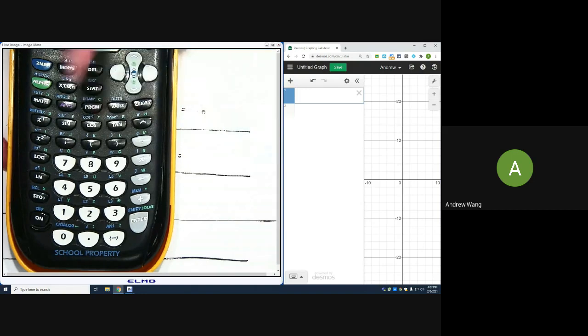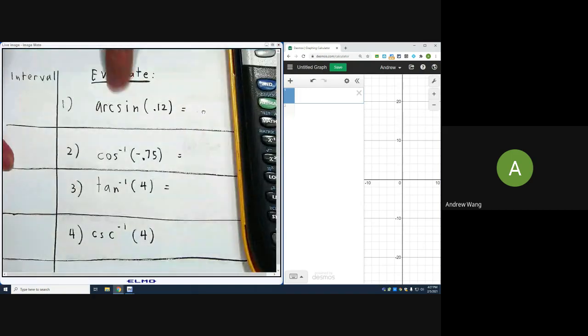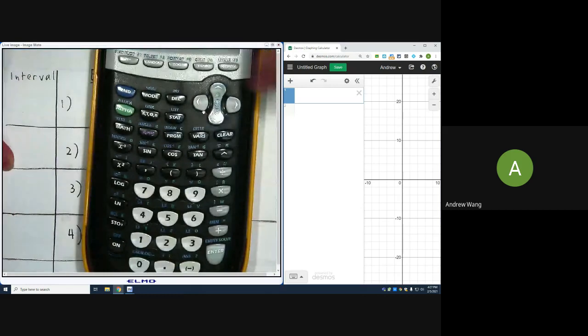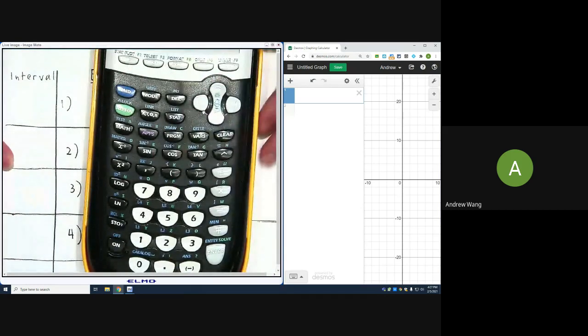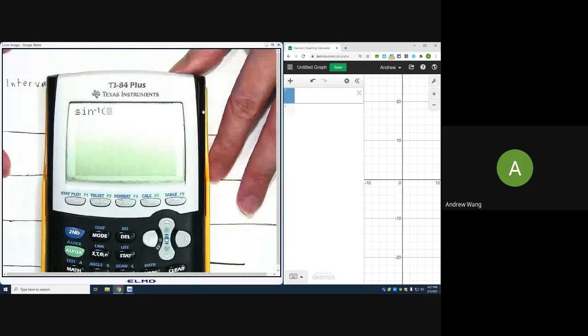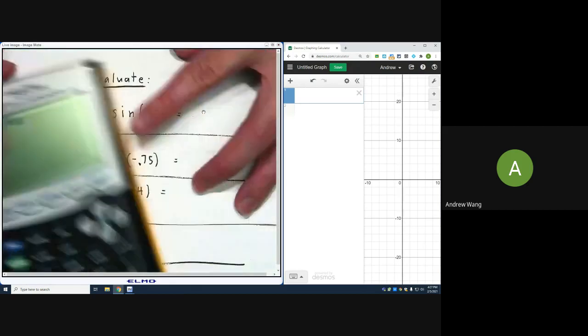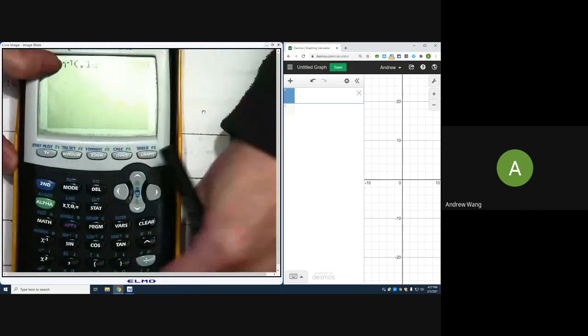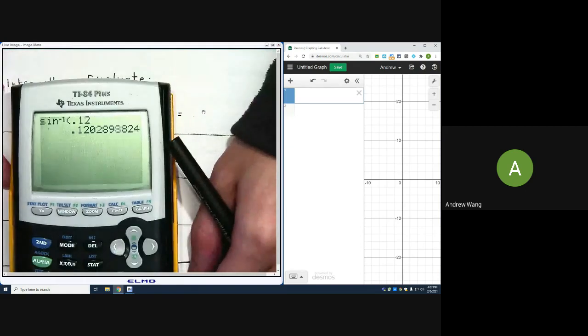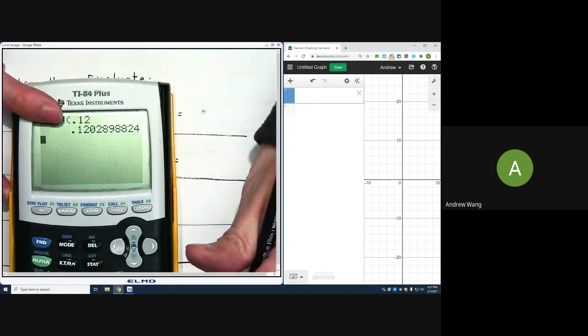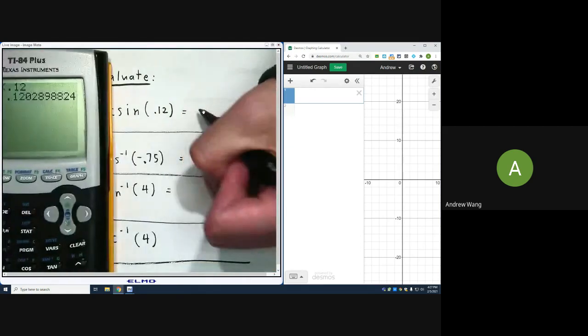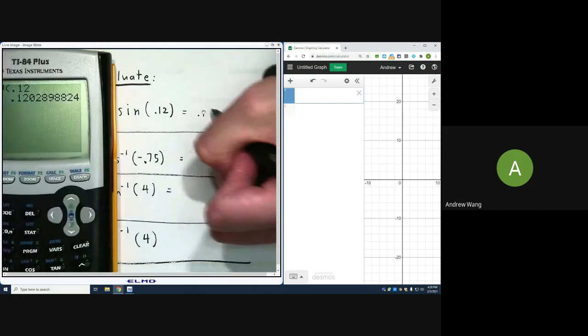So if I wanted to solve this problem, I would hit second sine, and that would give me a space to write my number. Now I just type in 1.12, press enter, and there you go. That's the answer.